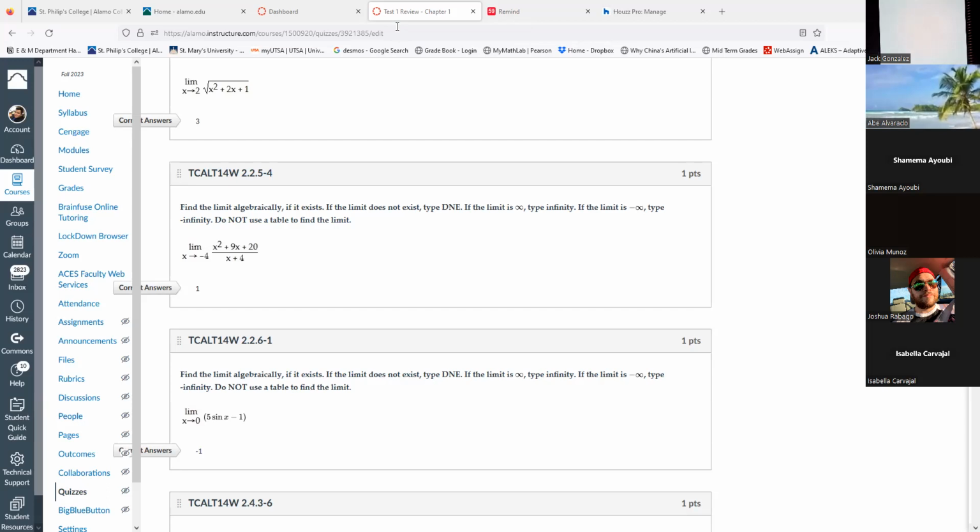Some will just explain what you're doing, or why the limit is whatever you find. If we put -4 in the denominator, that will make it 0. Is that a problem or is it good to go? Yeah, it's a problem. Can't do it.